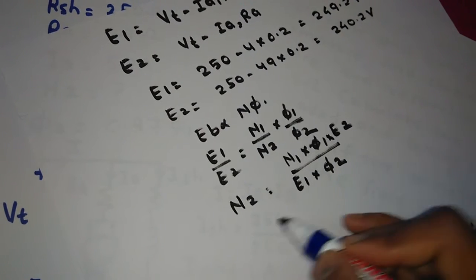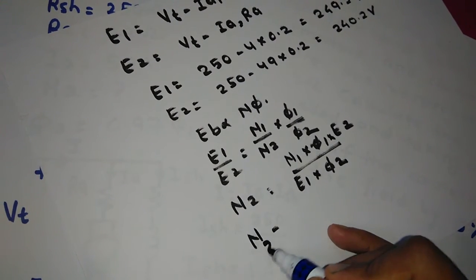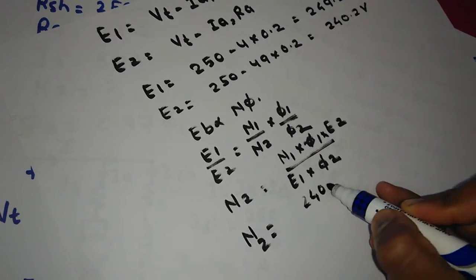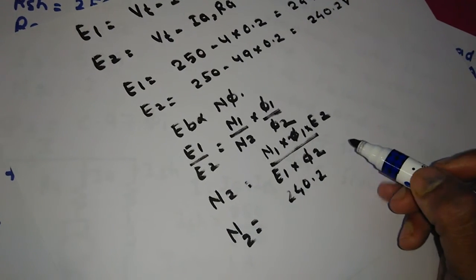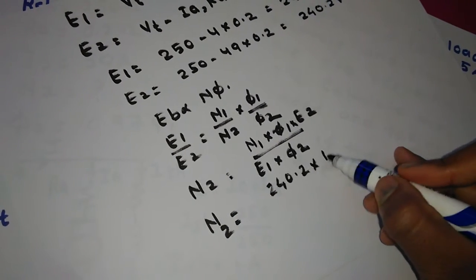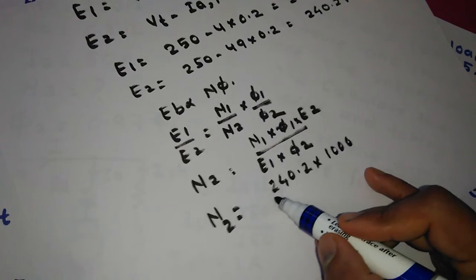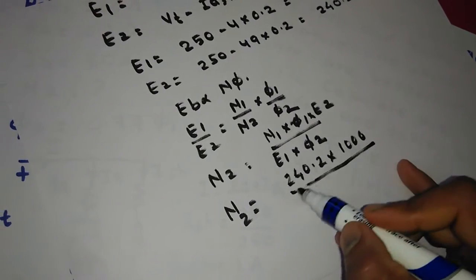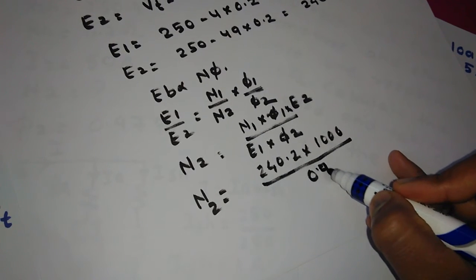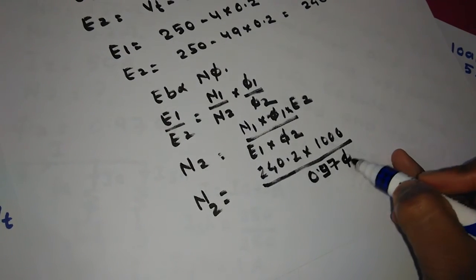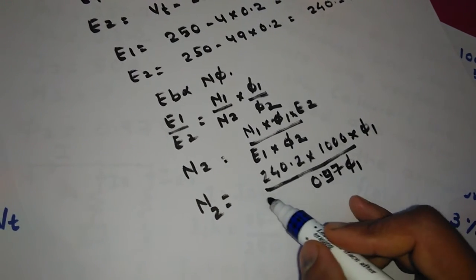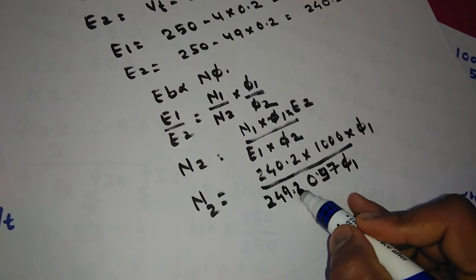So we will put all the values here. We will get N2 is equal to 240.2, the voltage at loaded condition E2, into speed 1000, and phi2 is equal to 0.97 of phi1, upon phi1 and E1 is equal to 249.2.